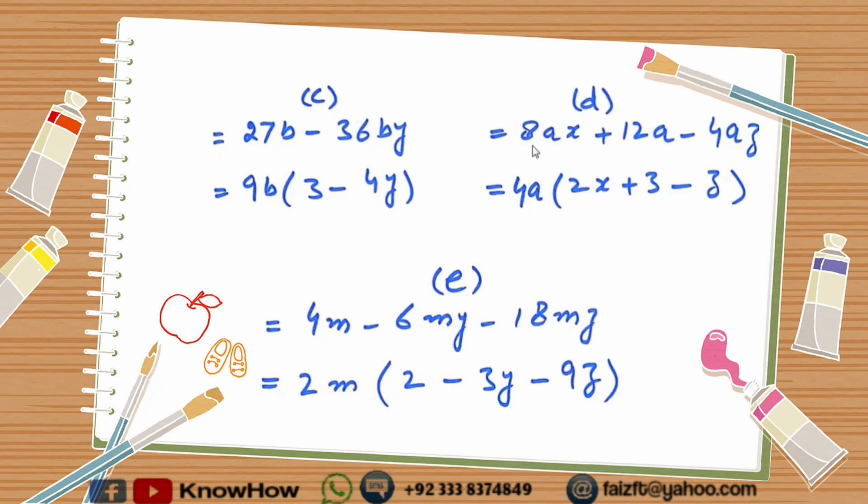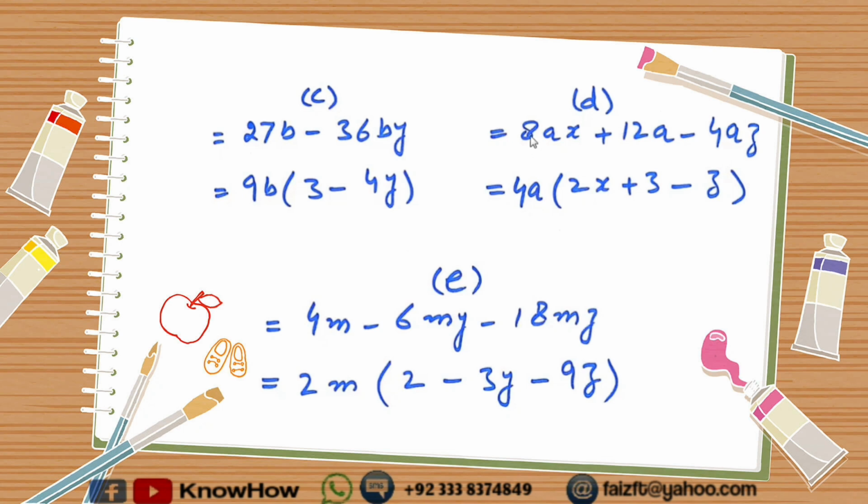In the D part, 8ax plus 12a minus 4az, the numbers 8, 12 and 4 are all divisible by 4, so we'll write 4 as a common factor along with the variable a, because a is present in all three terms, so 4a is the common factor.